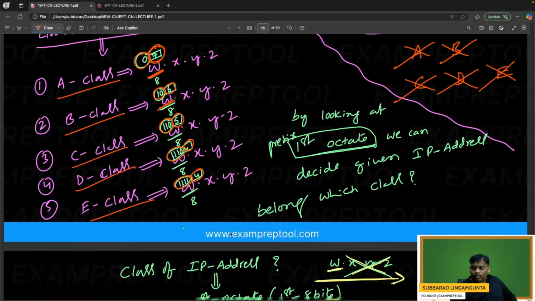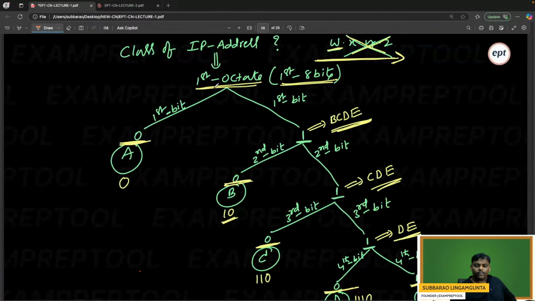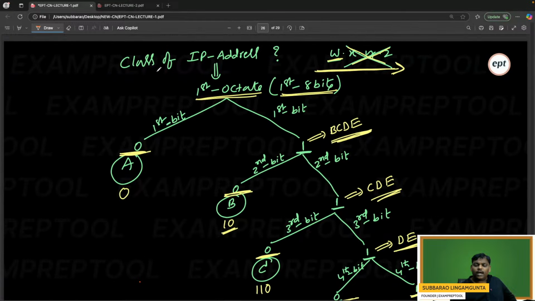To get more clarity, come here. Listen everyone now, class of IP address. I have one IP address and I want to know which class. Then you no need to see X, Y, or Z. By seeing W, the first octet, the first 8 bits, I can decide which class it belongs to.